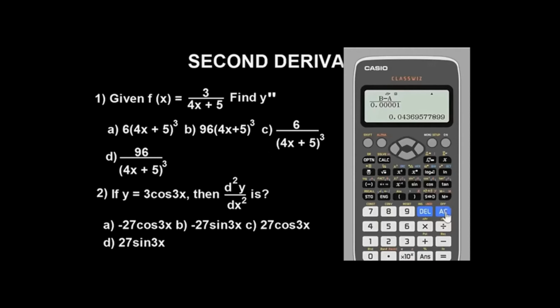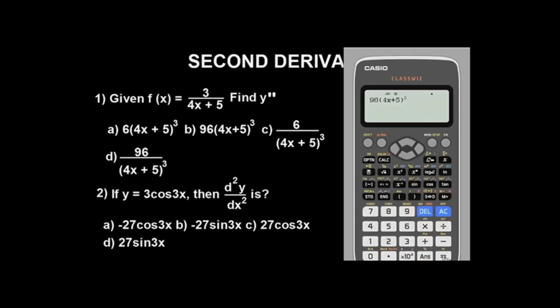Remember, I have 0.043. Let's begin with option A. So we have what we have there. We have 6 brackets, 4x alpha x plus 5. Okay guys, close the brackets, raised to power 3. Very simple, guys. No, it's not what we got. So guys, let's check option B. The difference there is, let's remove this 6 and put 96.